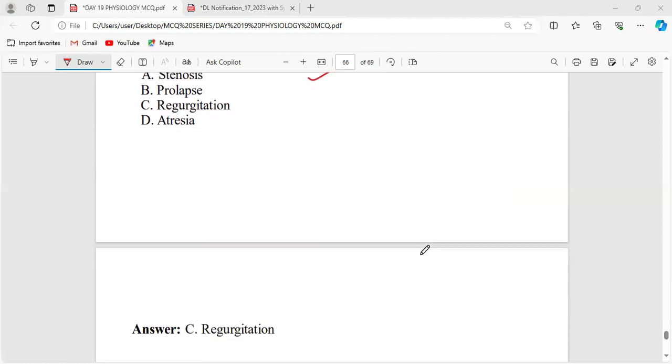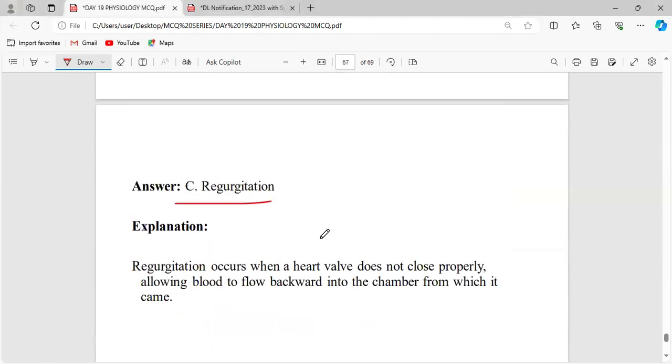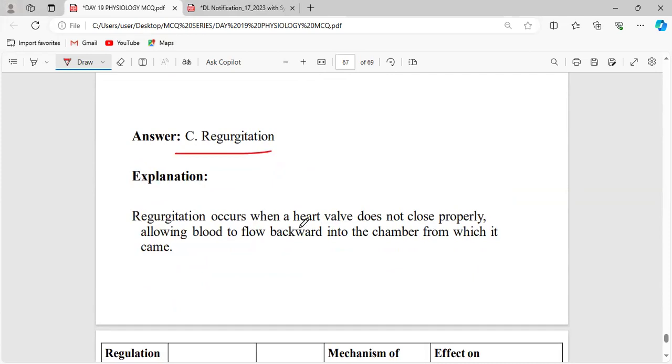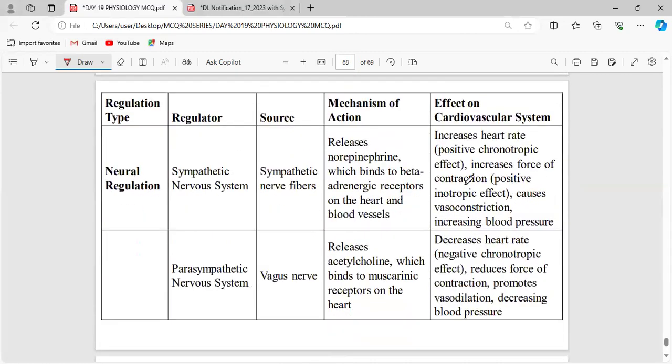See, the name of this particular valve disorder is regurgitation. This is the condition that occurs when a heart valve does not close properly. The function of this valve in the heart is to prevent the backflow of blood. If it is not closed properly, how will it check the backflow of blood?